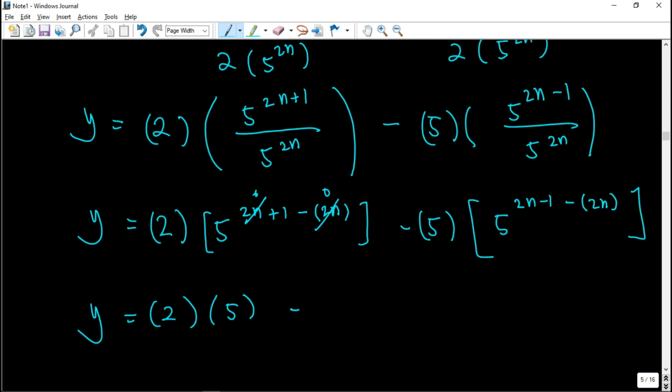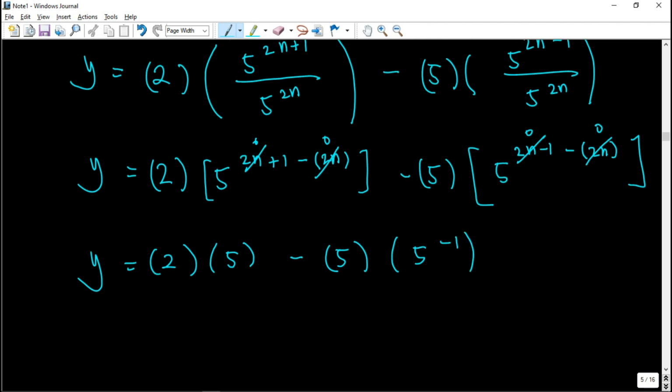Okay guys, we have here minus 5, and this is 5 raised to, so 2n minus 2n here, this cancels out, 0. And we have here negative 1, 5 raised to negative 1. Simplify natin, y equals 10 minus 5.